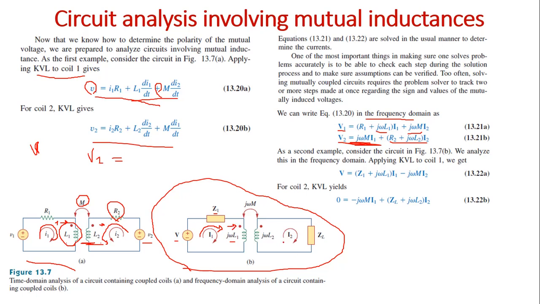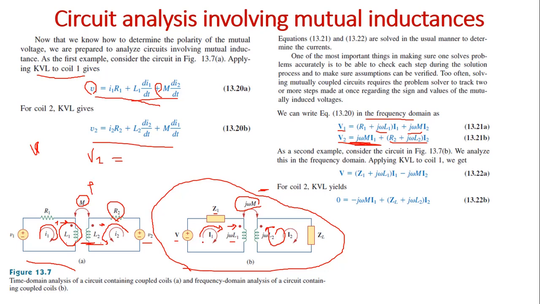Whereas if you look at this coil 2, you can see the current is again in clockwise direction but it leaves the dotted terminal. Okay, so in one part of the circuit the current enters the dotted terminal, in the other part of the circuit the current leaves the dotted terminal. Now what will happen to the polarity of this mutual voltage? It is negative. Whereas in the earlier case, both currents enter the dotted terminal, so the polarity is positive.